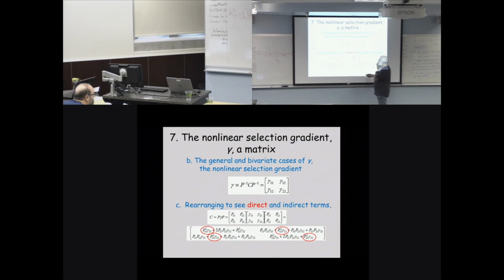So now when we look at the simple change in the variance, think about what I'm doing here. This is C. This element of C, this one right here, is the change in variance due to direct and indirect effects. And so there's the effect of direct selection exerted by gamma 1,1 on the trait variance.